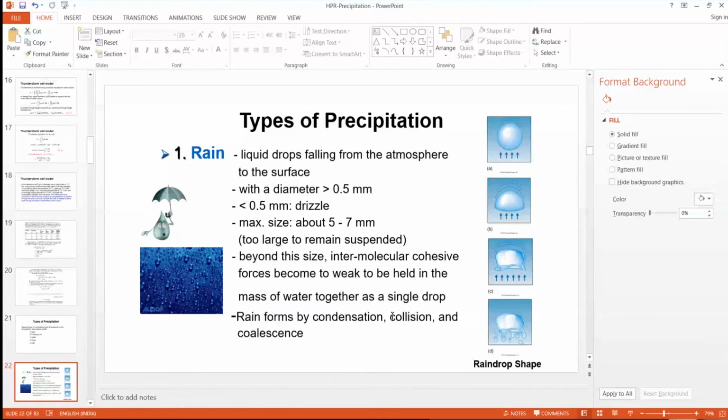That threshold diameter of raindrop is attained through two processes, collision and coalescence. Collision means these small teeny droplets collide with each other, and they grow by aggregating those teeny droplets.